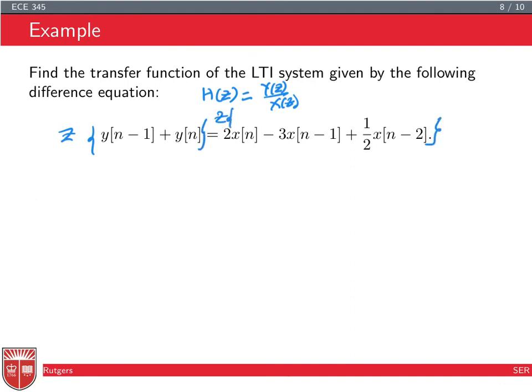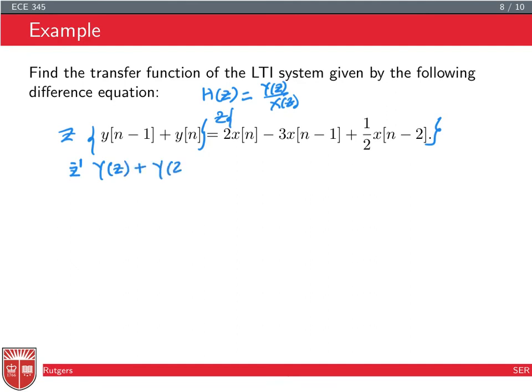and then I can use linearity, right? So I know that this is y of z. So what is the z transform of y of n minus 1? This is a shifted version, so it's going to be equal to z to the minus 1 times y of z.